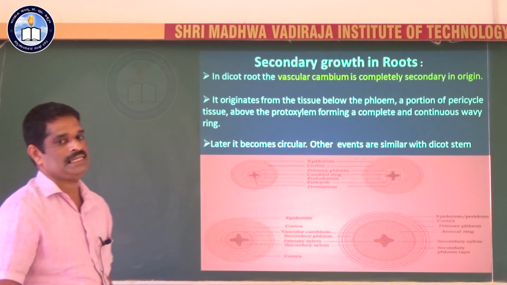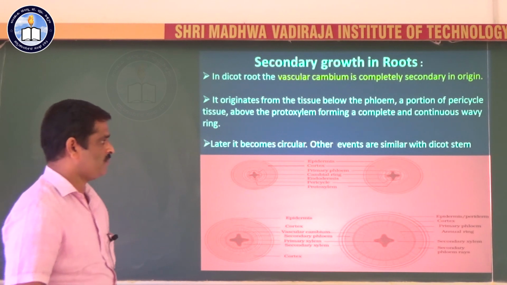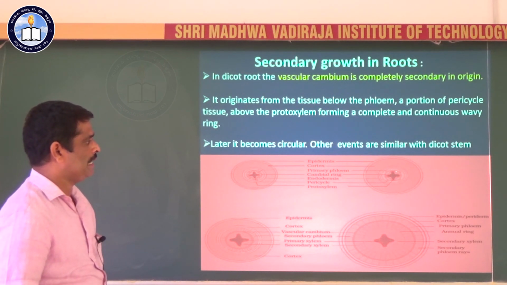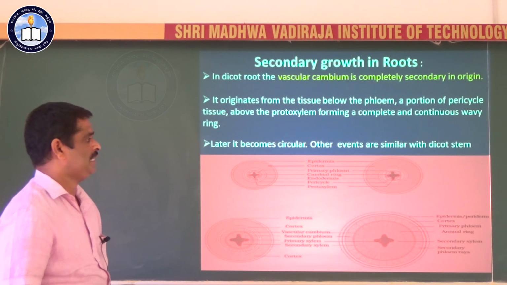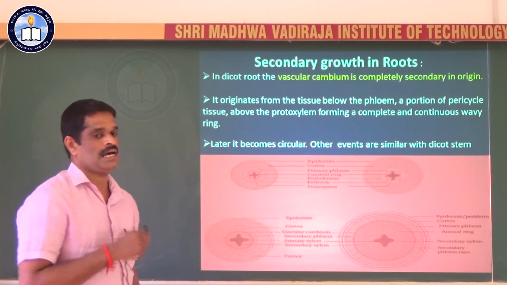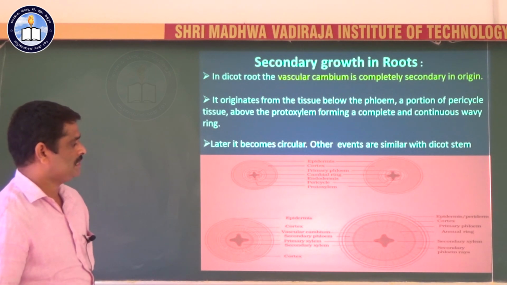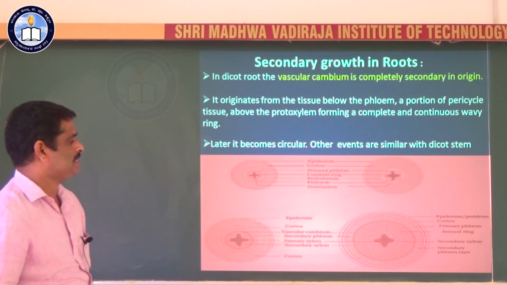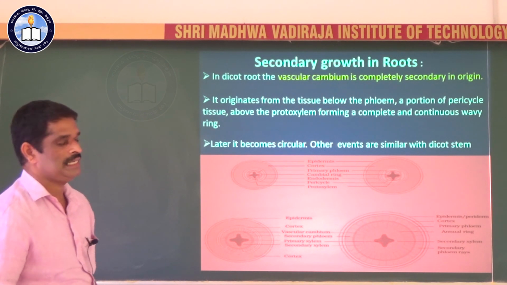How is this cambial ring produced? The pericyclic cells below the phloem and above the protoxylem form a wavy ring called the vascular cambium, which later becomes circular and cuts off cells on the inner side that develop into the secondary xylem, and cuts off cells on the outer side that develop into the secondary phloem.